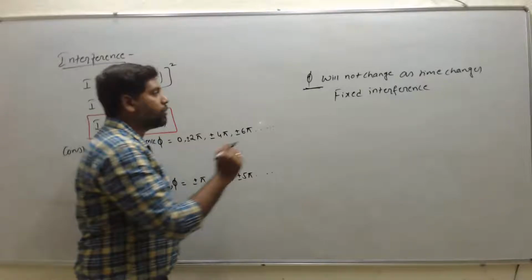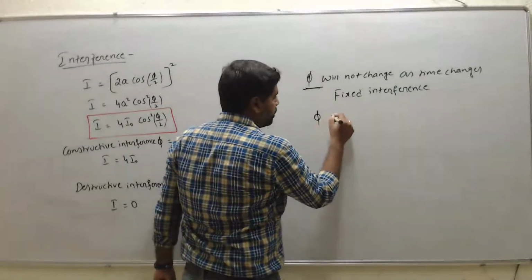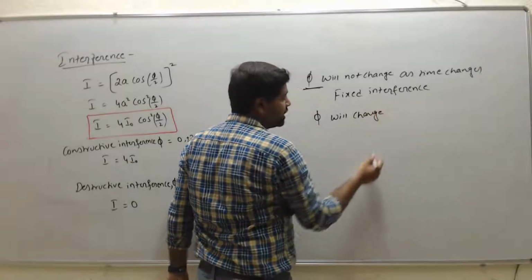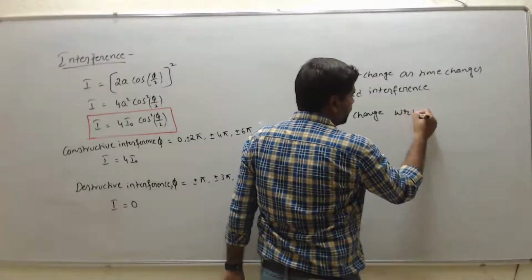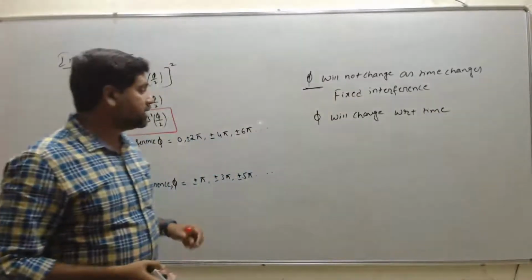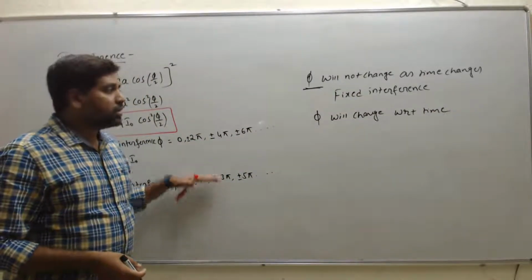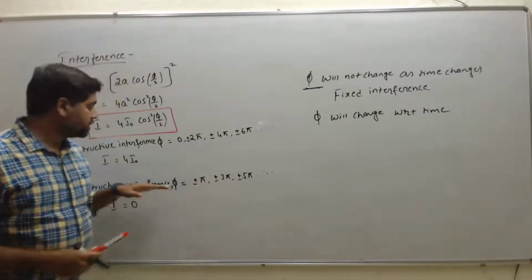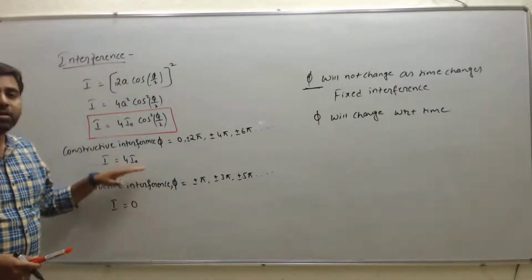So if the phi value will change, the phase difference will change with respect to time, then what happens? The intensity will also change, that is intensity goes on varying, here is the minimum and here is the maximum.